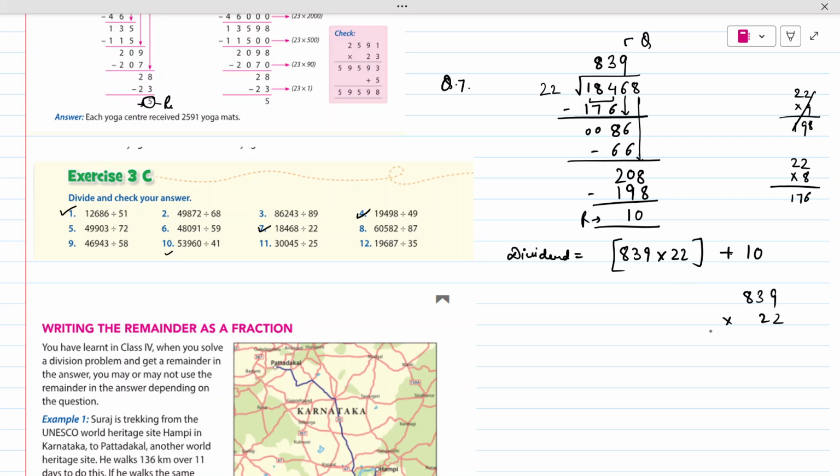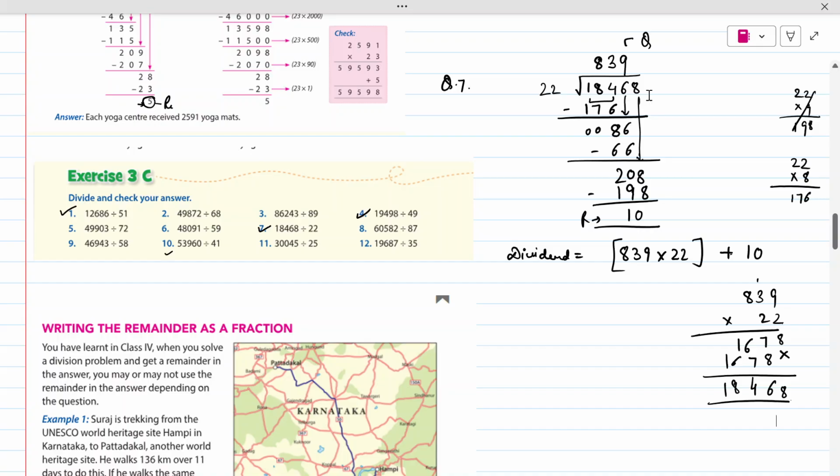So what we have here is 2 into 9 is 18, 3 into 2 is 6 and 1, 7. 8 into 2 is 16 and then one place cross, same 8, 7, 6 and 1. Add them, this is 8 and this one will come as 6, 4, 8 and 1. So this is our answer, which is our dividend.